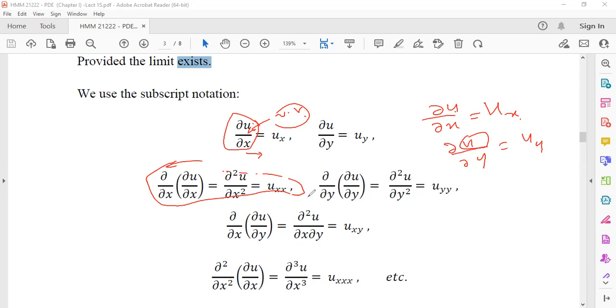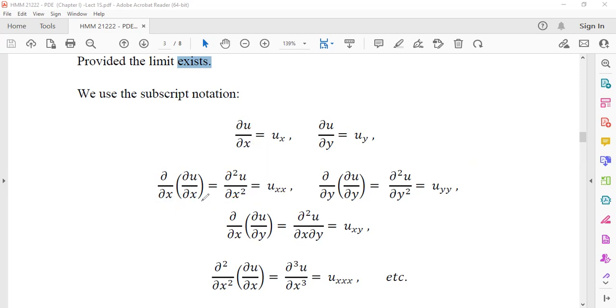Tell me, what is the next one? What do we call this one? From this one to this one, what do we call it? Can you write me in the chat? In word form, not just partial derivative with respect to x.